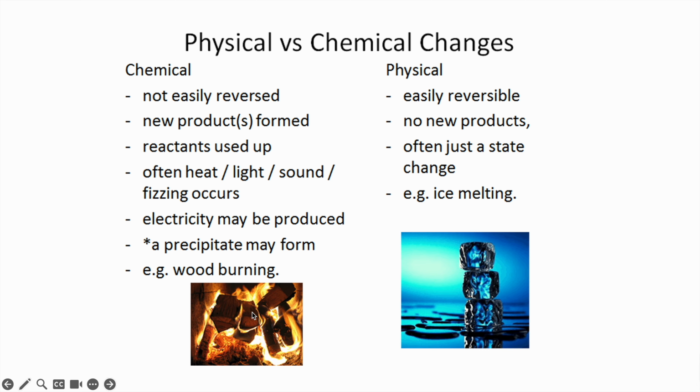Now, what about sound? Whenever you set off a firecracker, for instance, it shoots up into the sky and creates a loud bang. That bang is formed from the explosion, which is from the chemical elements mixing up with the little spark that you put on the tail of the firecracker. Lastly, we're going to look at fizzing. Fizzing occurs whenever a gas forms.